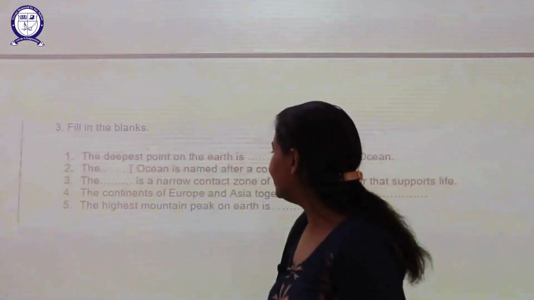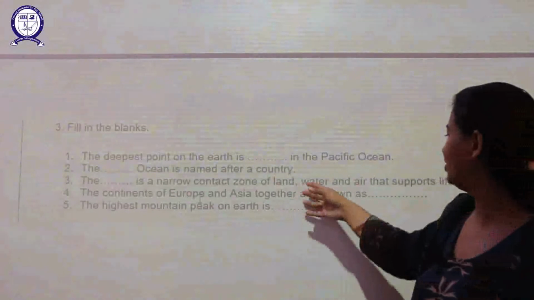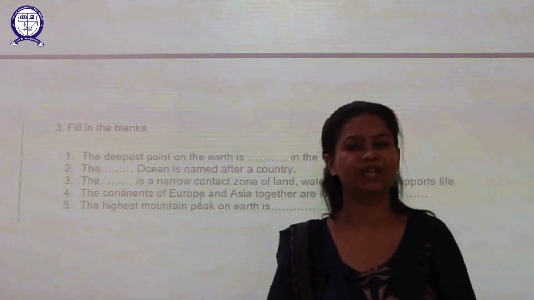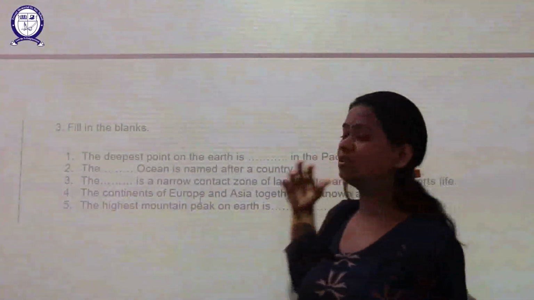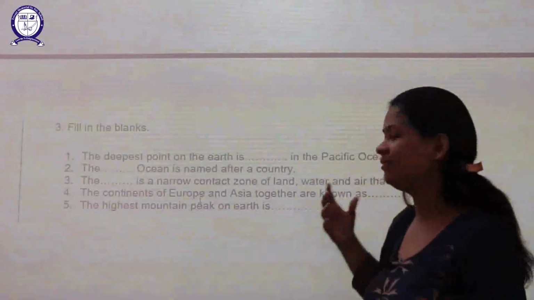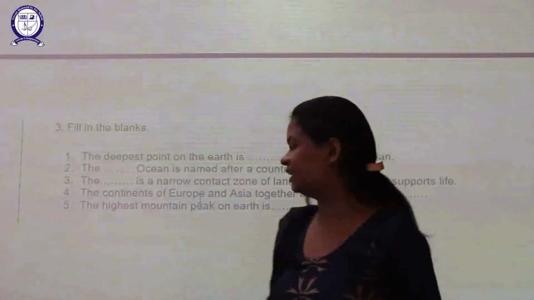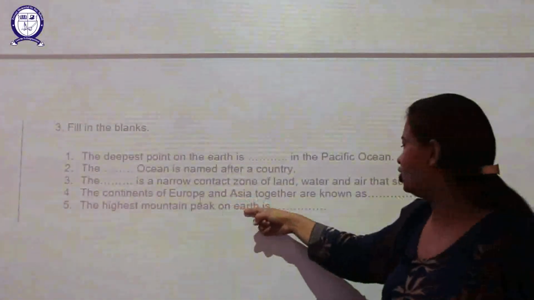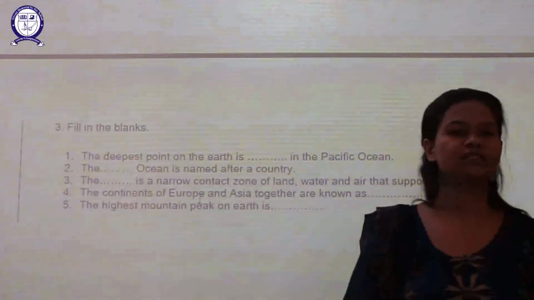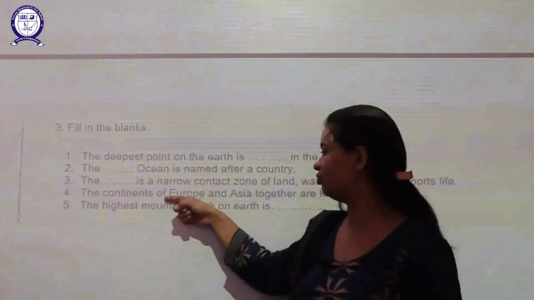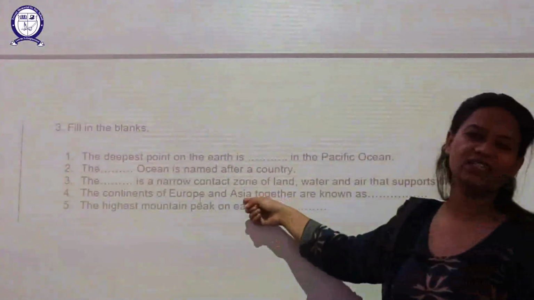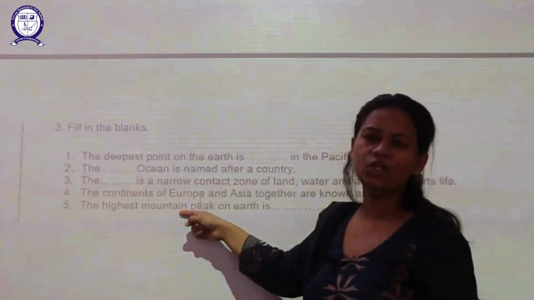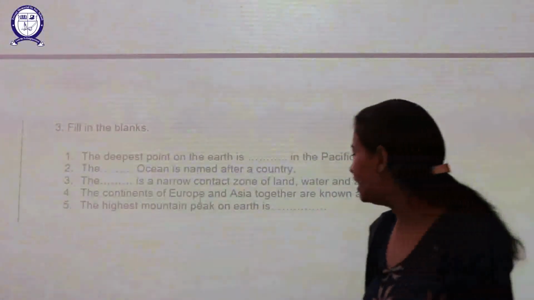Then next is, dash is a narrow zone of contact between land, water and air that supports life. What is that? That is called biosphere. Then, the continents of Europe and Asia together are known as, students remember I told you, from Europe you will take the word Eur, and from Asia you will take the word Asia, and they will together form Eurasia, E-U-R-A-S-I-A.